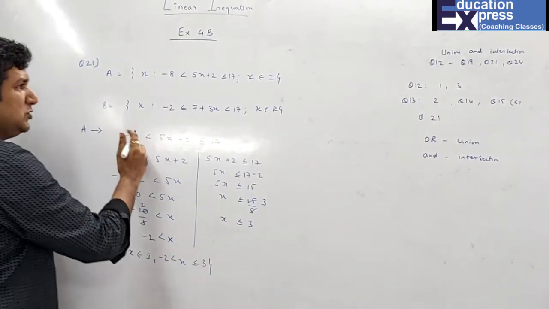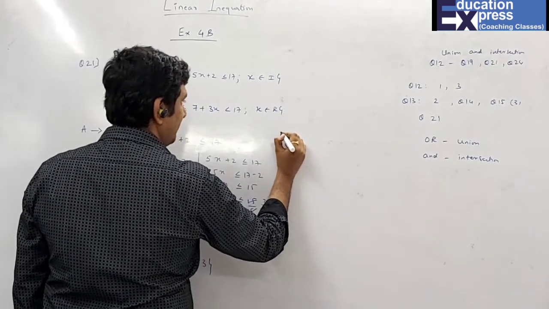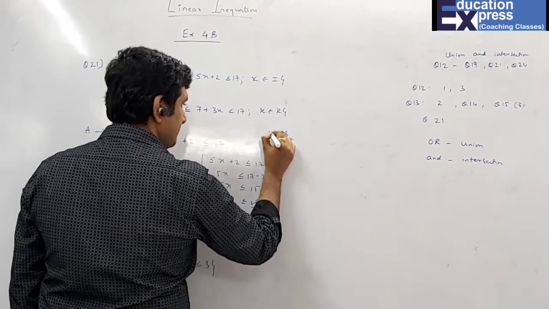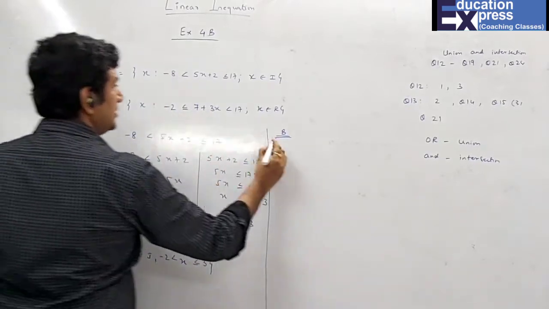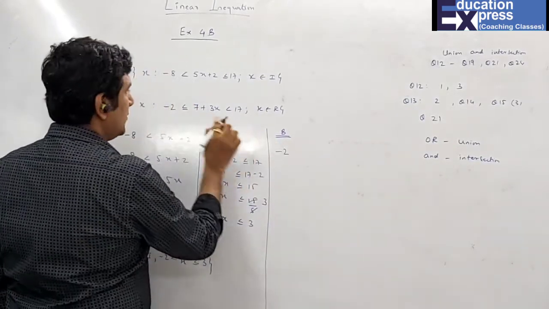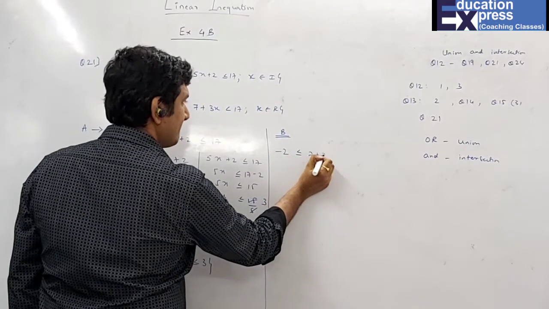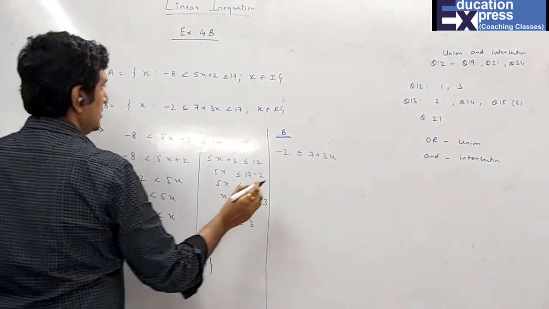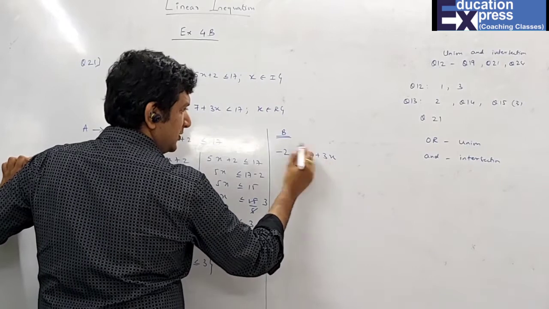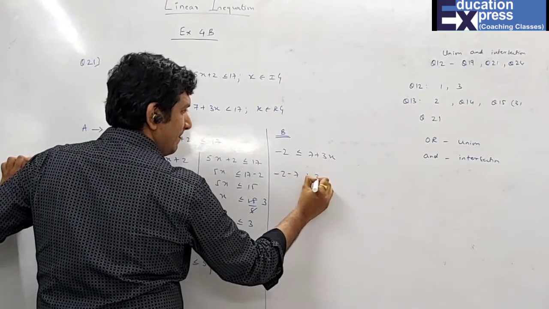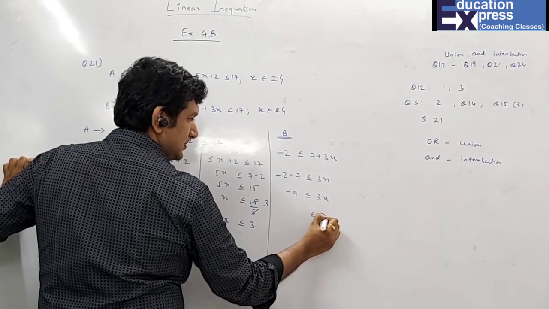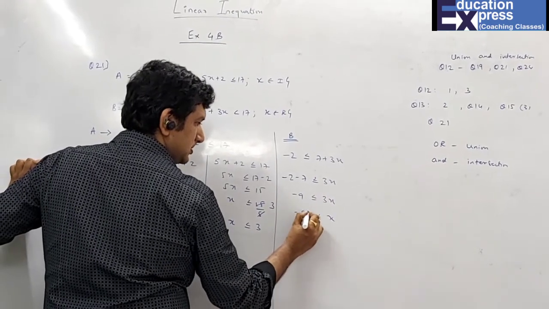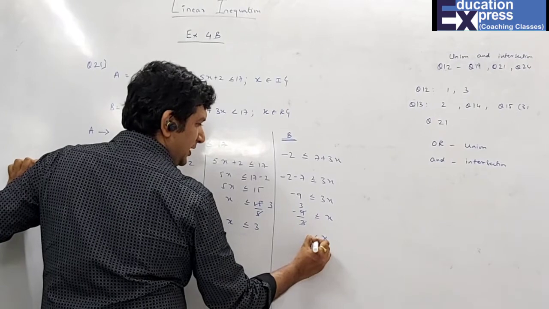Now same to same, I'll solve for the B part. -2, first I'll take these both. So x is already positive, so -2 -7 is -9, so x is more than or equal to -3.